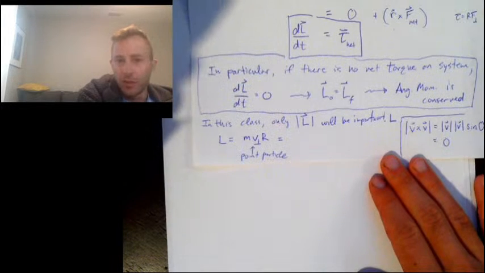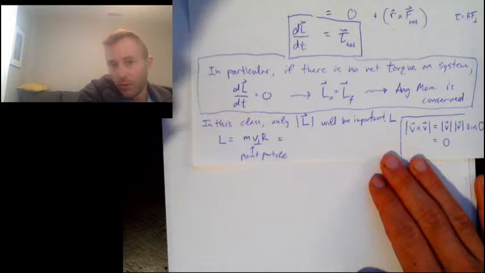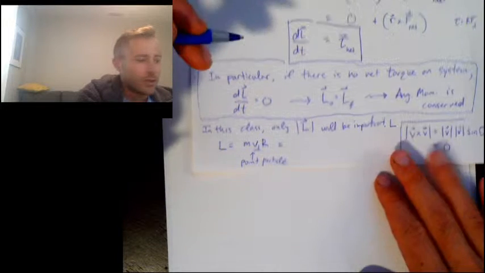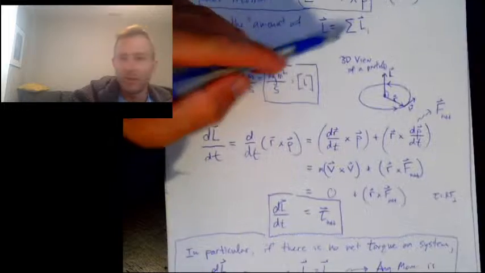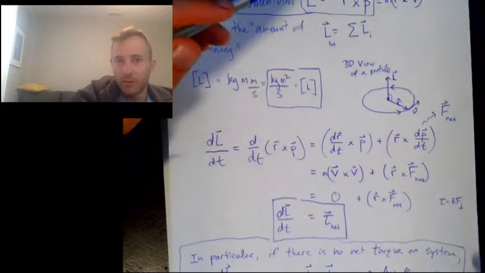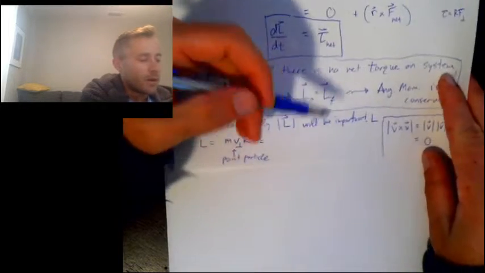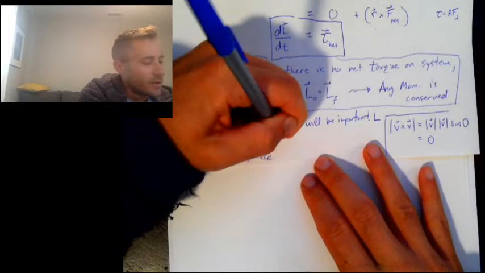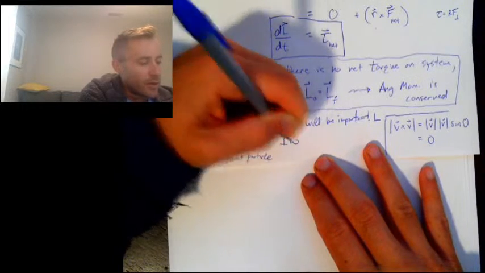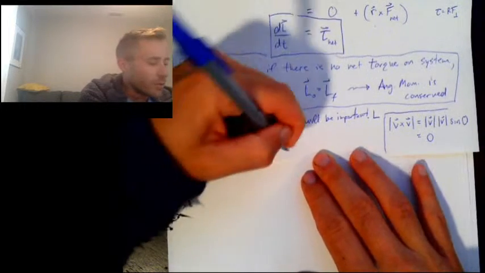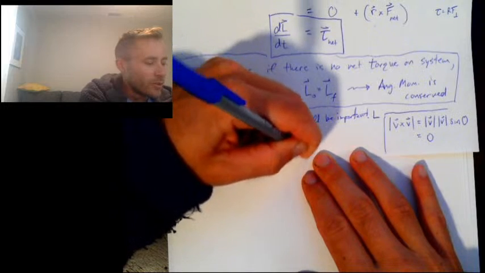If you have a rigid body, there's an equivalent form, which is the sum of the angular momenta of all the individual parts of the rigid body. And the formula in that case is I times omega. So this is the formula for a rigid body.